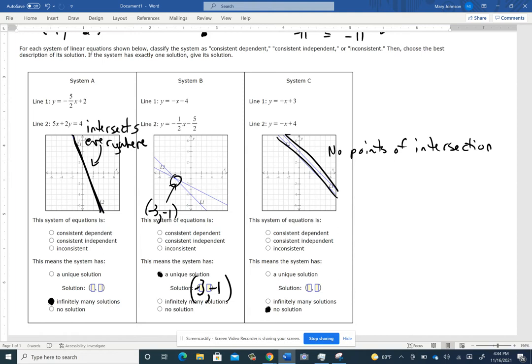Now for the vocab, the idea of inconsistent versus consistent has to do with whether something has a solution. So system C is inconsistent. Both systems A and B are consistent. They have solutions.